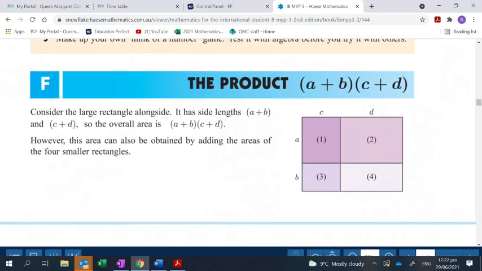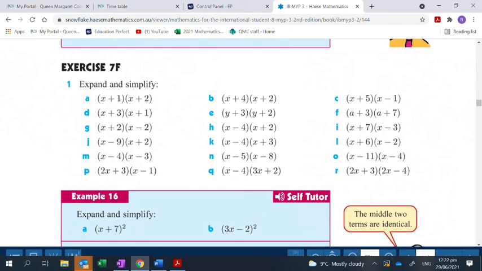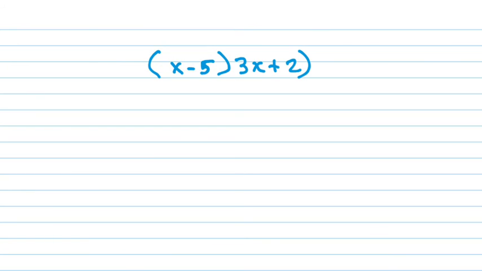All right. I'll just pick some. Let's see. How about, we'll start off easy. X minus 5 times 3x plus 2. Now, I'm just making these up, so don't look for them anywhere. Oops.